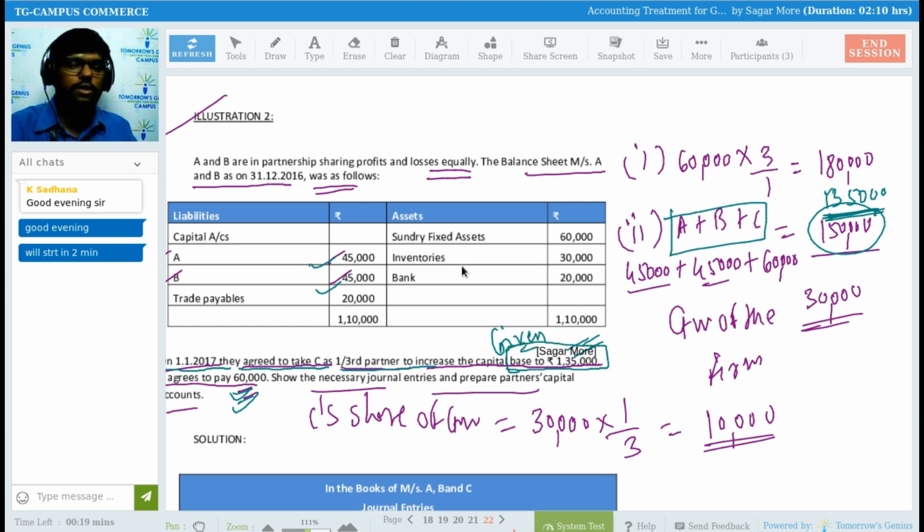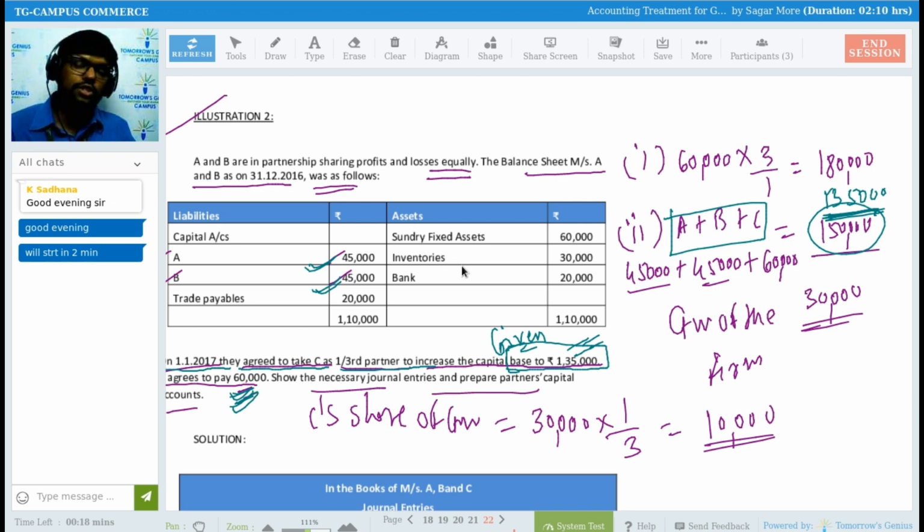Why? Because it is given in the question that after C brings in 60,000 for capital, the total base capital of the entire partnership firm will be 1,35,000. But how it will become 1,35,000, we don't know. If I calculate 45, 45 plus 60, I get 1,50,000, right?